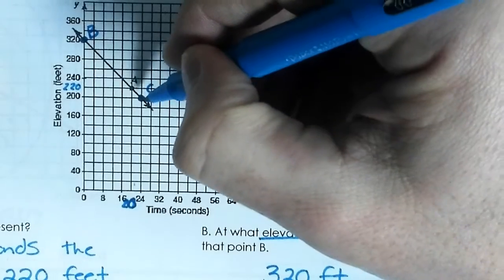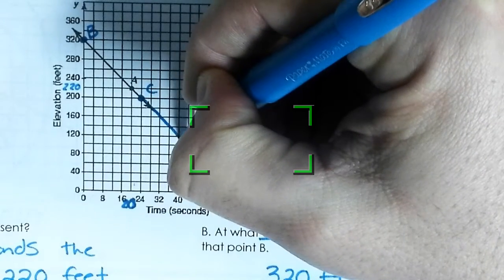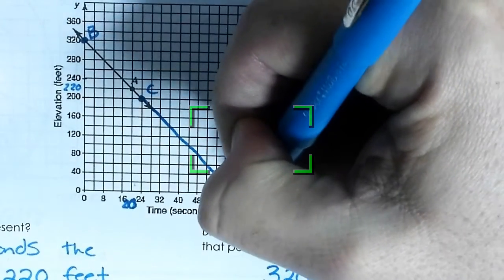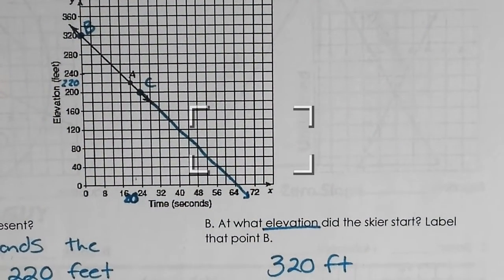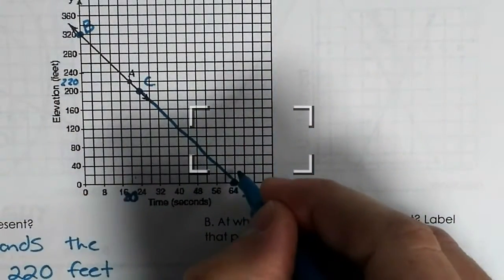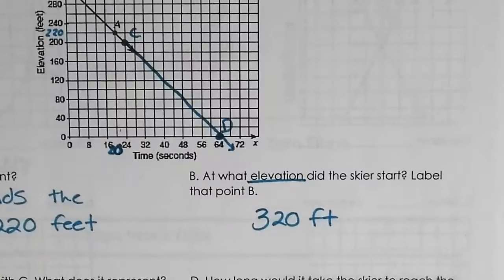So we're going to keep drawing this line. All right, so when does he finally hit the ground? After how many seconds? After 64 seconds. Good. Let's label that as point D. So at 64 seconds, how high is he off the ground? What elevation is he at? 0 feet. Yeah, there we go.